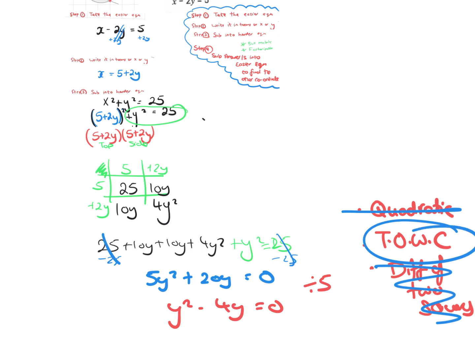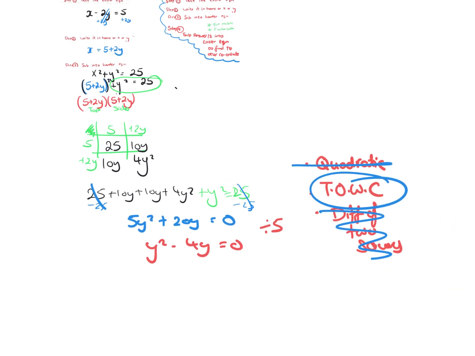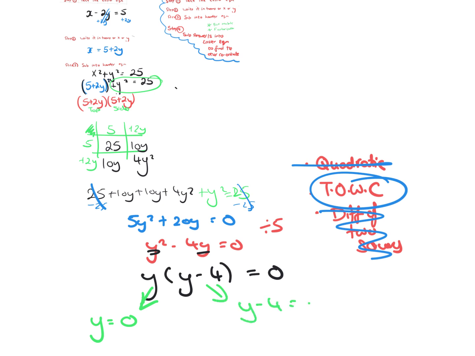So it's going to be taking out what's common, sometimes called the highest common factor. What is common between both of these? They both have a y, and if you take that out, you'd be left with y times y minus 4 equals 0. So all you need to do is let what's outside the brackets equal 0, y equals 0, and the other option is what's inside the brackets equals 0. y minus 4 equals 0, y is equal to 4.